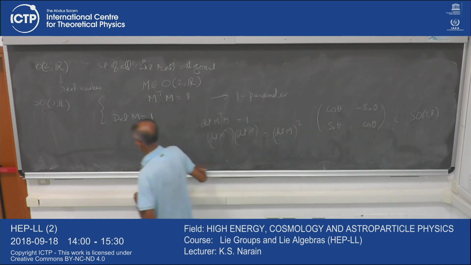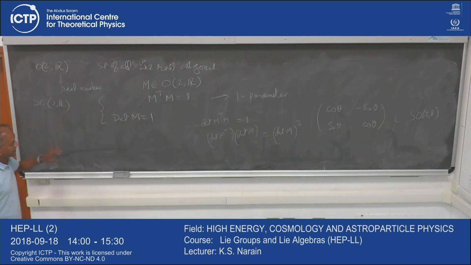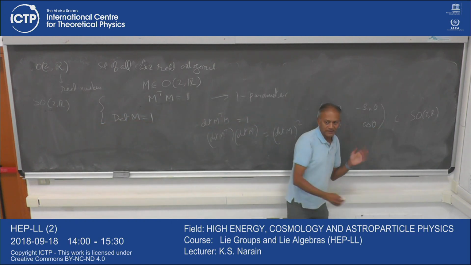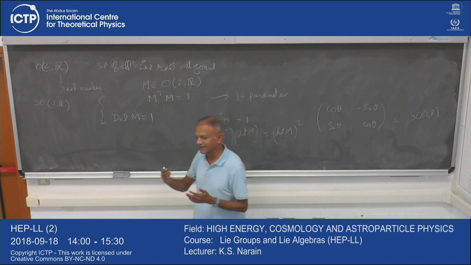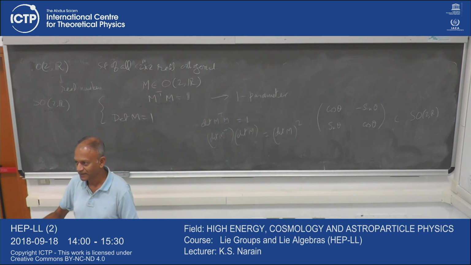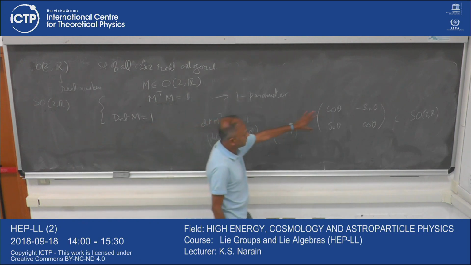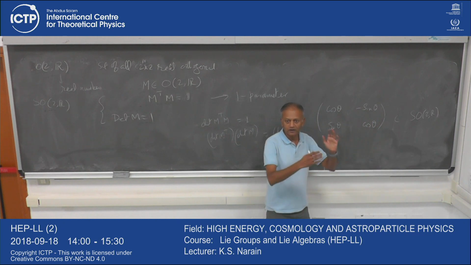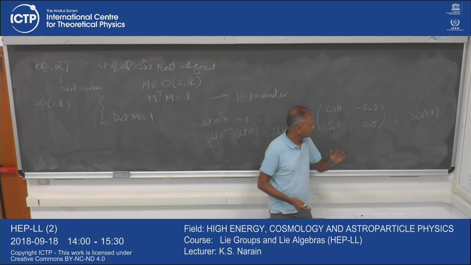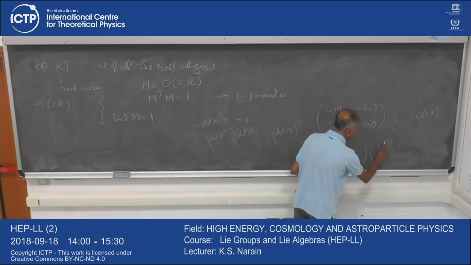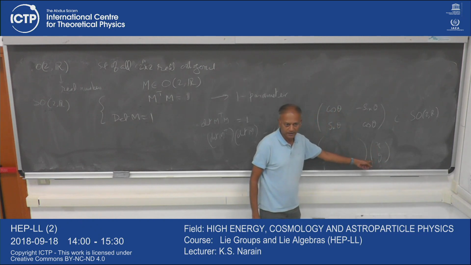Okay. Now we also saw one important point, that these are 2 by 2 matrices. Whenever you see matrices, you can always think of them as a linear transformation in some vector space. So this is a 2 by 2 matrix, so you can think of this as a transformation on a 2-dimensional vector space xy.